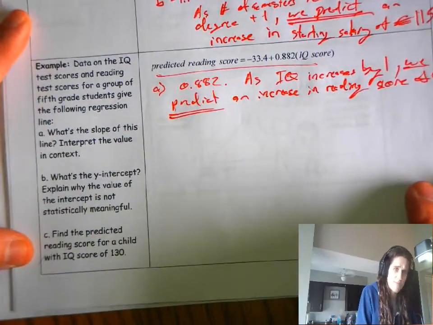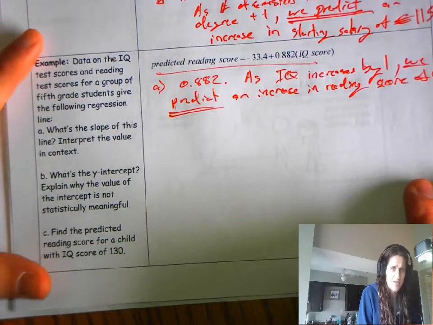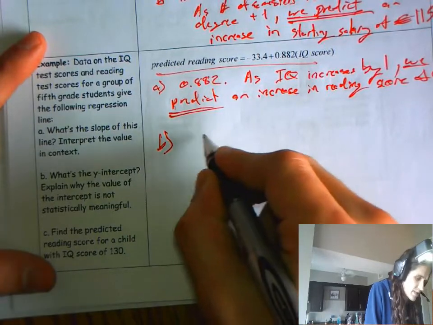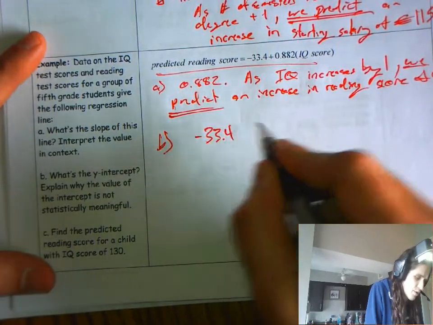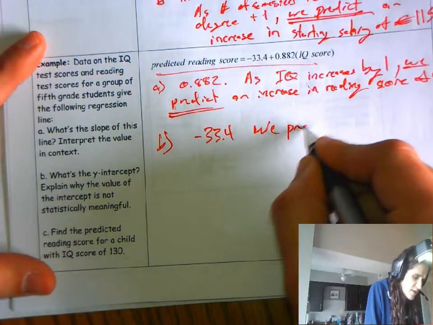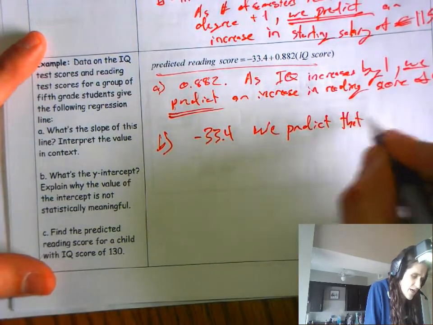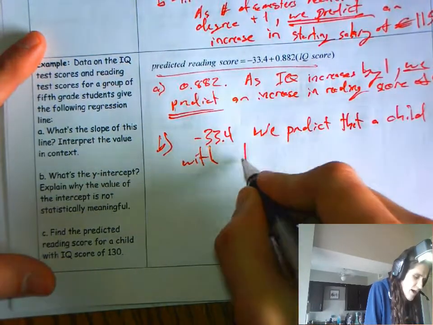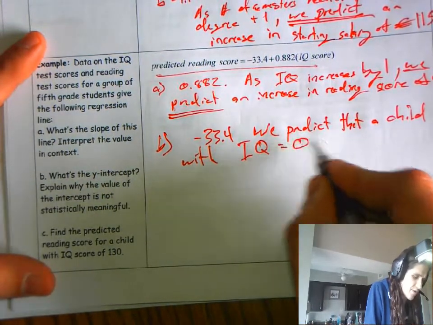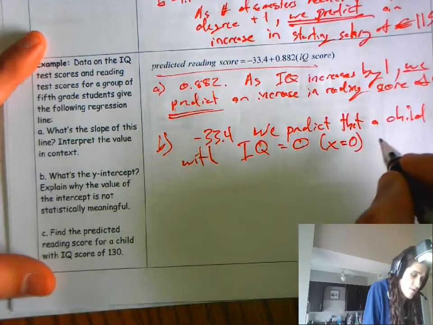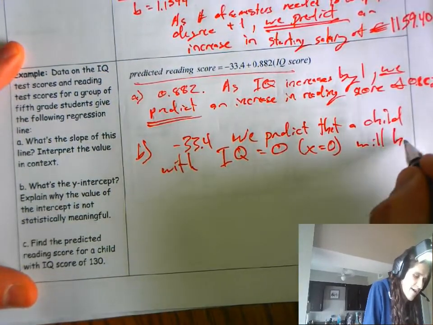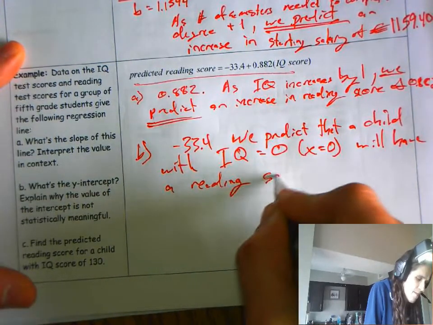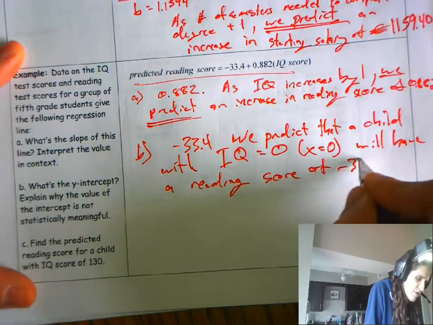B, what's the y-intercept? Explain why the value of the intercept is not statistically meaningful. Well, our intercept here is negative 33.4. We predict that a child with IQ equal to 0, that is, x equal to 0, will have a reading score of negative 33.4.